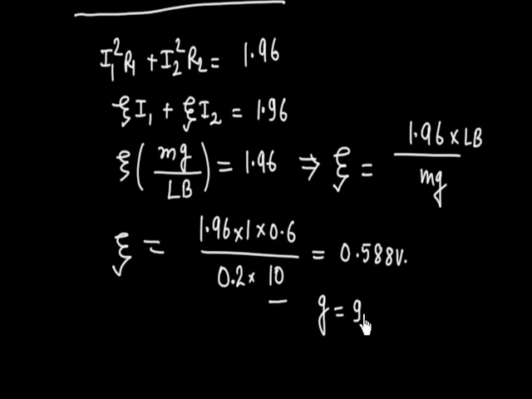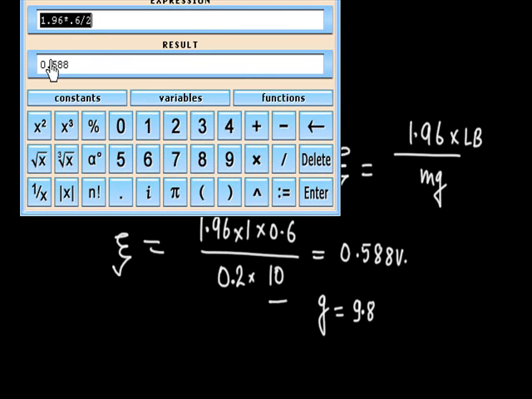What would happen if I have taken 9.8 in place of 10? So let us try to take g equal to 9.8. If I take this value, what will be the xi? Let me check, because the answer is not coming as a whole number.